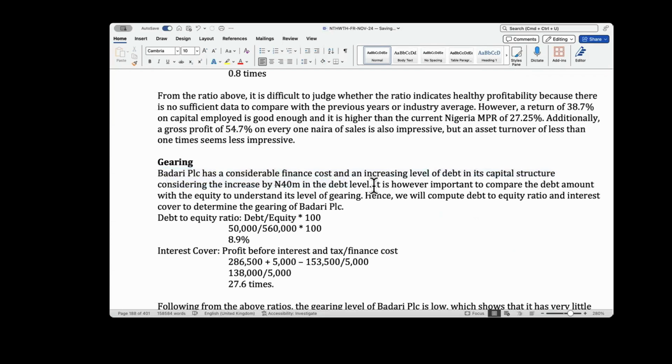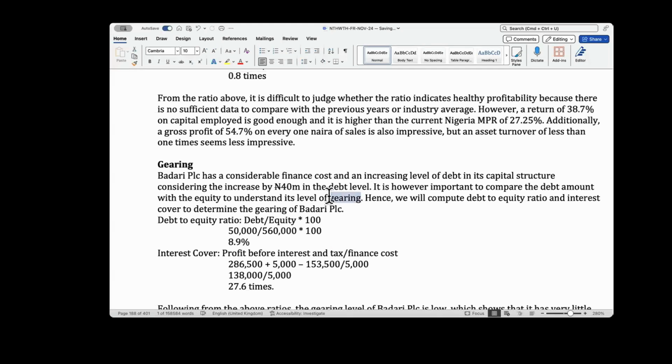I told them that it is, however, important to compare the debt amount with the equity to understand its level of gearing. Gearing really is comparing debt to equity. If debt is so much, then you are highly geared. If it is not, then you are okay.